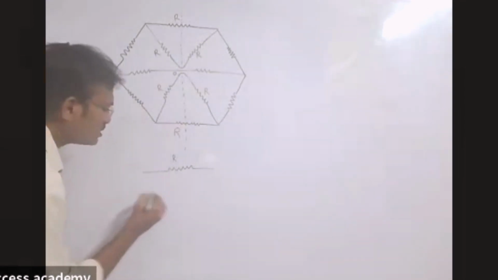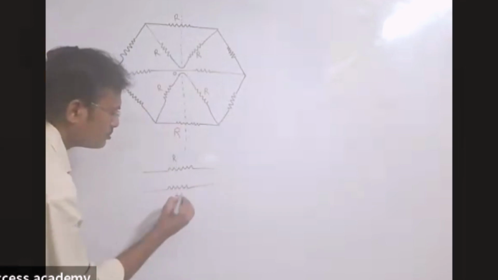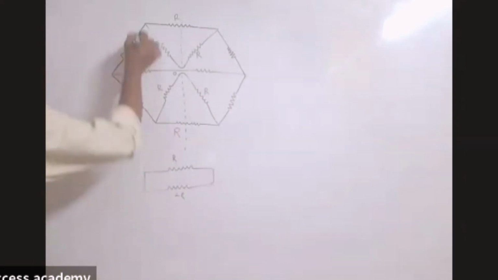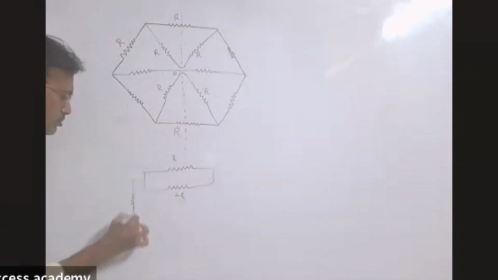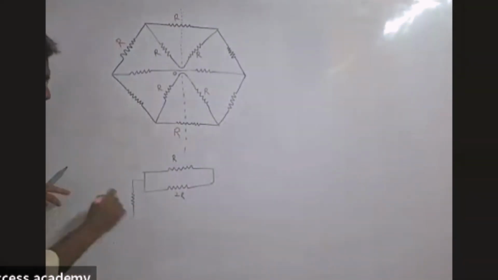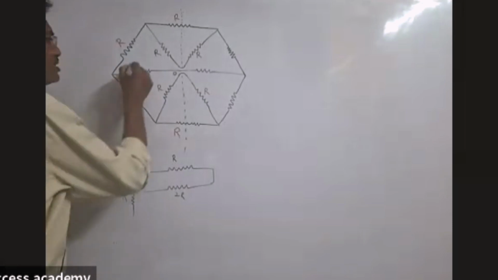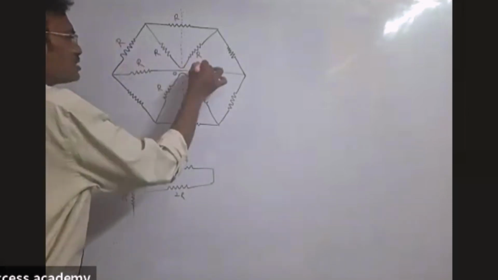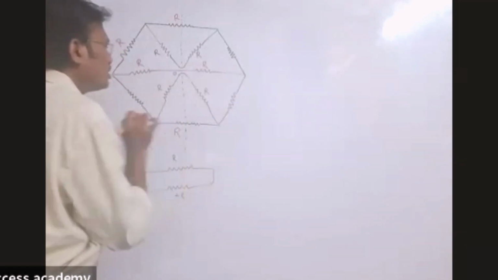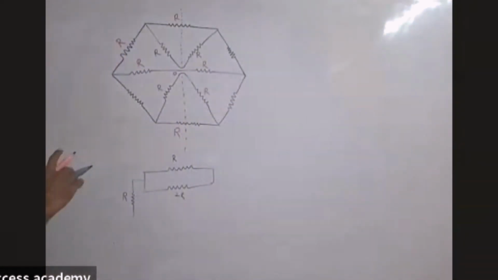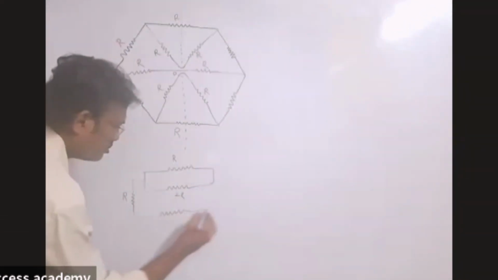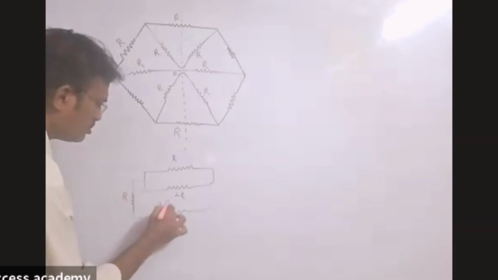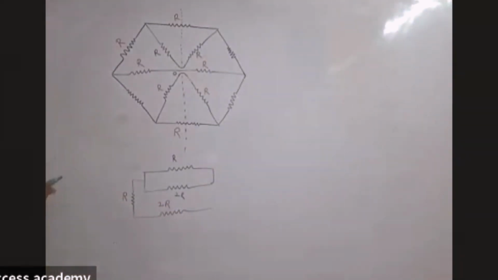And this is one resistor R. I am taking it like this R, then this is R and this is also R. Again, these two are in series, R plus R, 2R. Again this is R.